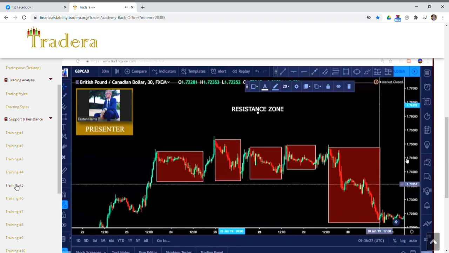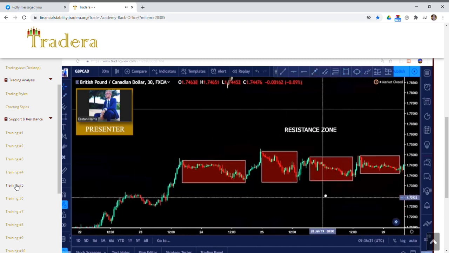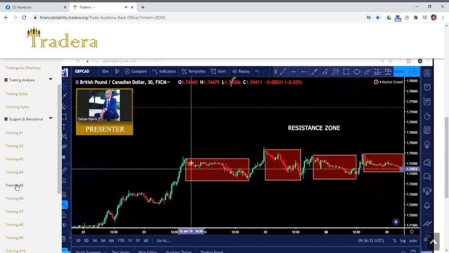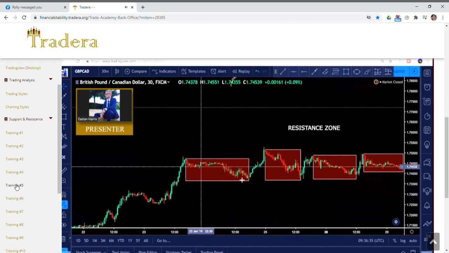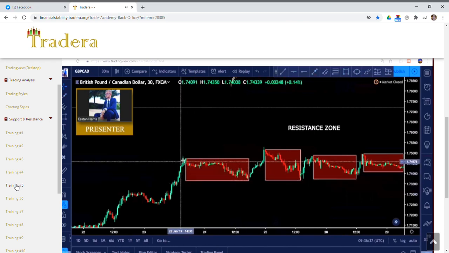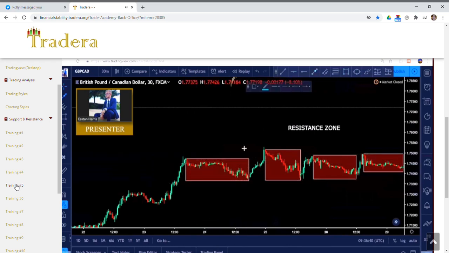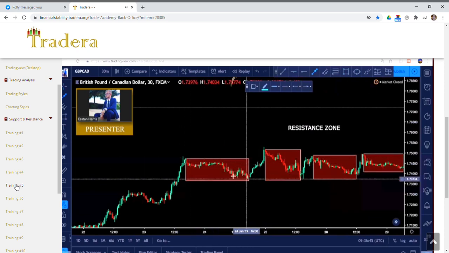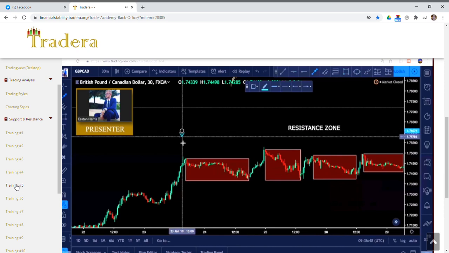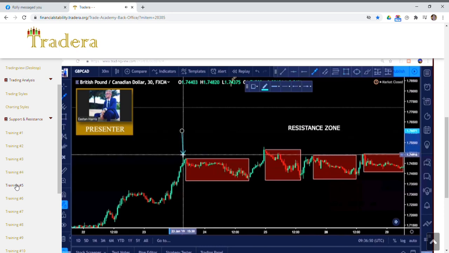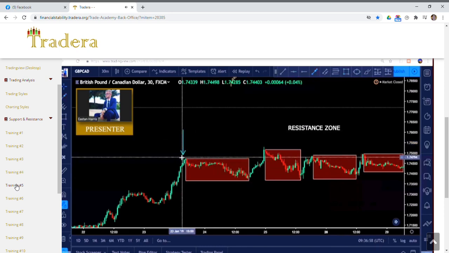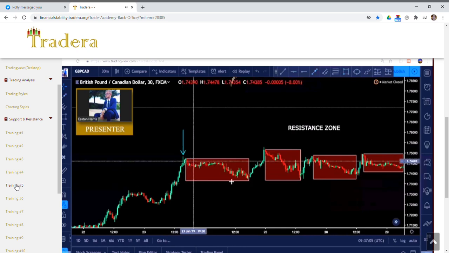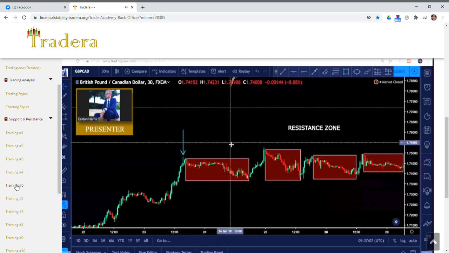So if we come in here and we zoom in a bit, this move, where does this move originate from? What is the highest point that price went before it kicked in to this bearish move? And that point is this wick right here. This wick is going to be where this bearish move originated from.